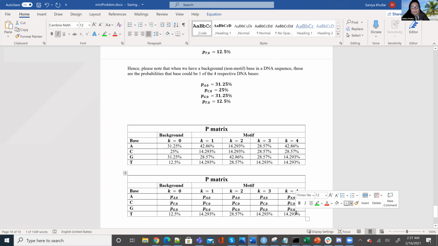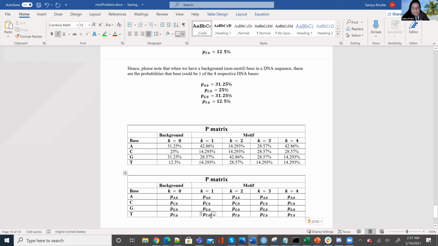We just plug them in from above and we get our results. So this is T0, this is T1, this is T2, T3, T4. This is how we go about it. We've computed all these values from above, so I just plug them in and we're ready to go.